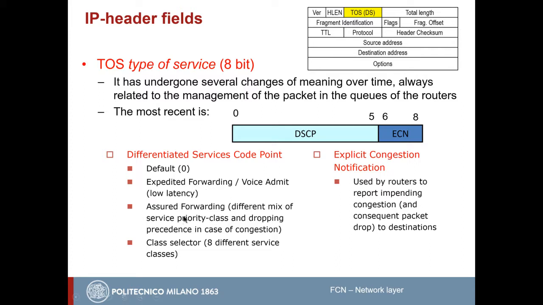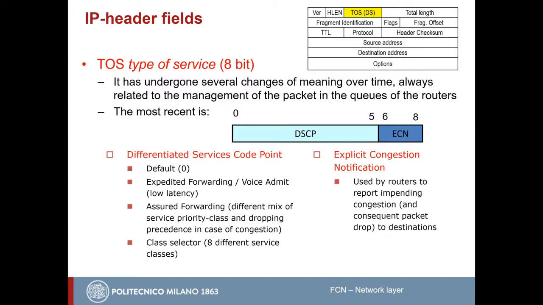Assured forwarding means that the packet will be delivered according to the first in, first out rule, but it will always be delivered in any case. It cannot be discarded, and so on. All these codes are to label the packets according to a certain quality of service requirement. It should be noted that not necessarily routers support these differentiations.